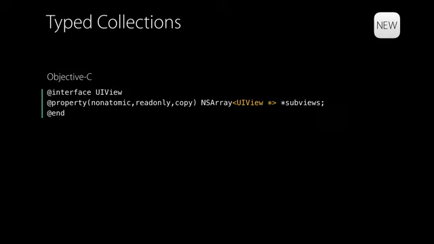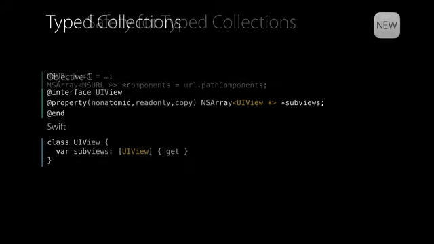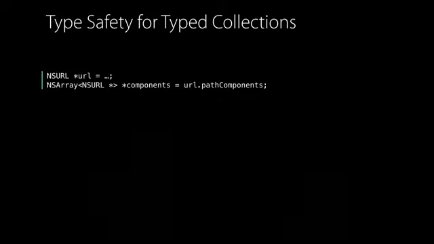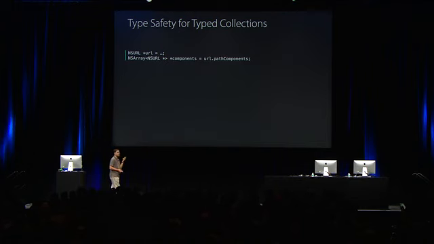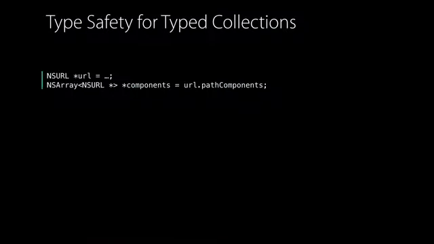So this introduces more type information to Objective-C. Of course, this reflects into Swift as much more beautiful type information. But really, I want to talk about the Objective-C effect, because this is a really useful feature for Objective-C. Because let's talk about type safety. Here's an example. So I'm taking the path components of a URL, and I'm putting it into an array of URLs.